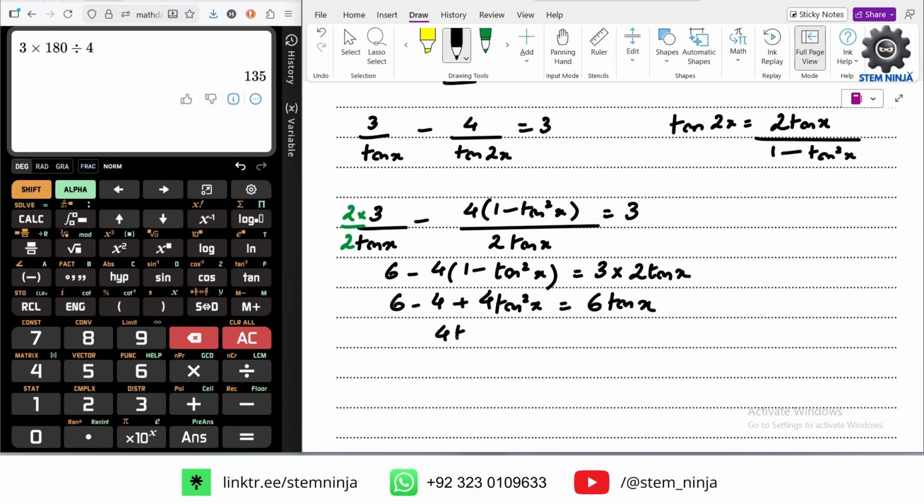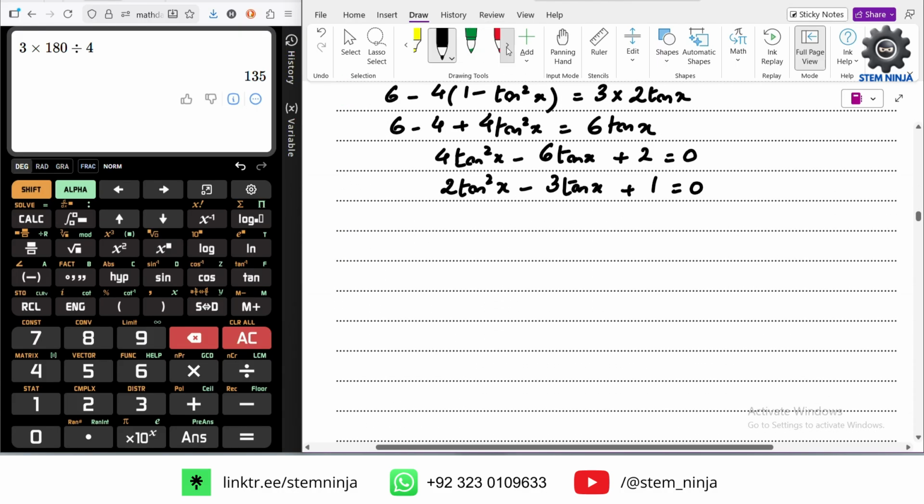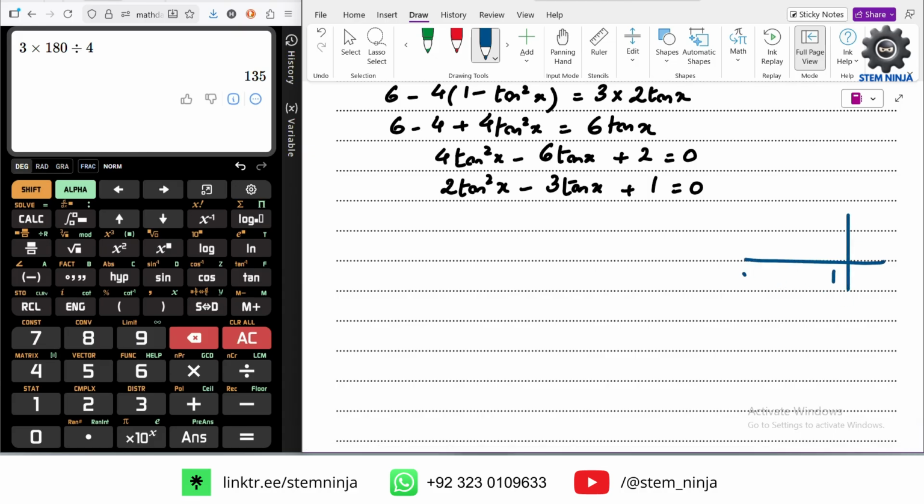You have 4 tan squared x minus 6 tan x plus 2 equal to 0, and when you divide this entire equation by 2, you get 2 tan squared x minus 3 tan x plus 1 equals 0. Right, okay. Now let's see if we can figure out factors for this quadratic equation. So you have 2 tan squared x, negative 3 tan x, so 2, 2, 1, and 1.